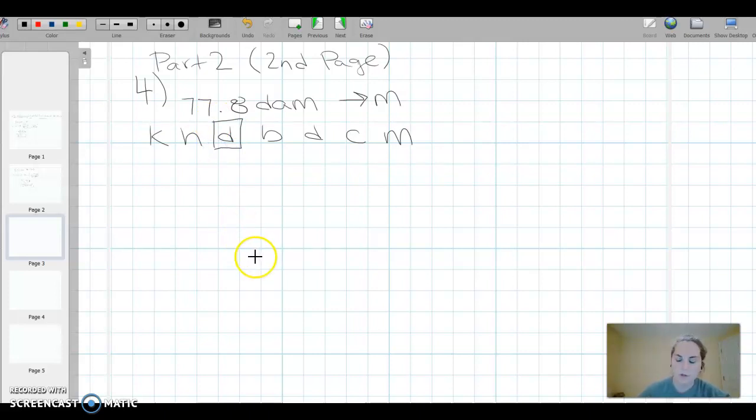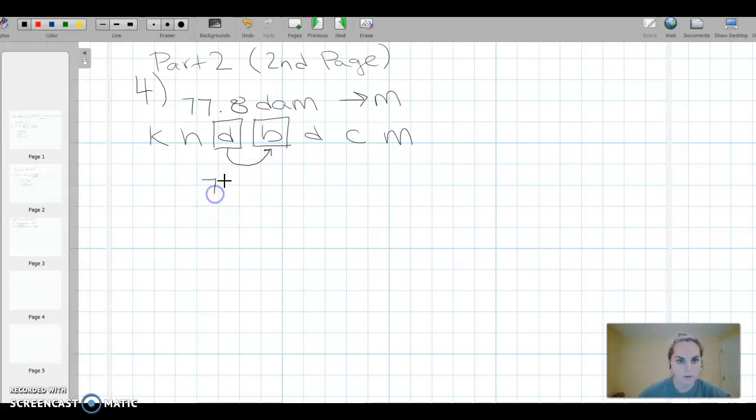And where do we want to go? We want to get to meters. And we know that our base units are grams, liters, and meters. So let's just put a little box around that B that stands for our base unit. We are just trying to go from decameters to meters, so we have to move to the right. We have to move our decimal point 1 point to the right.